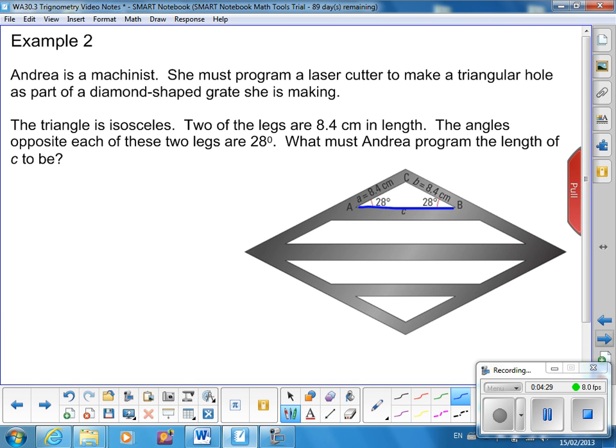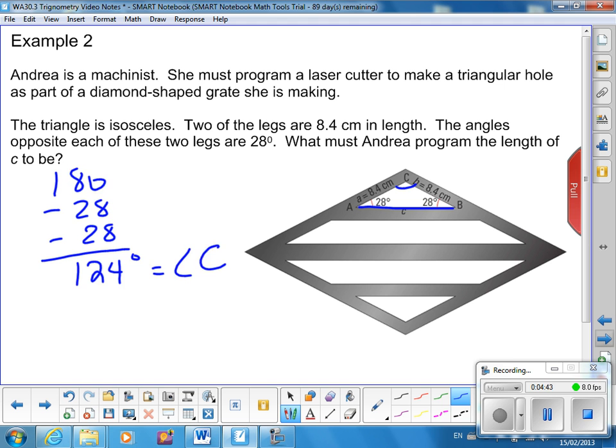Right now we don't have an angle here, but we know a triangle is 180 degrees. So if you minus the two base angles of 28 degrees, you know that angle C is going to be 124. So sine A over a equals sine C over c.